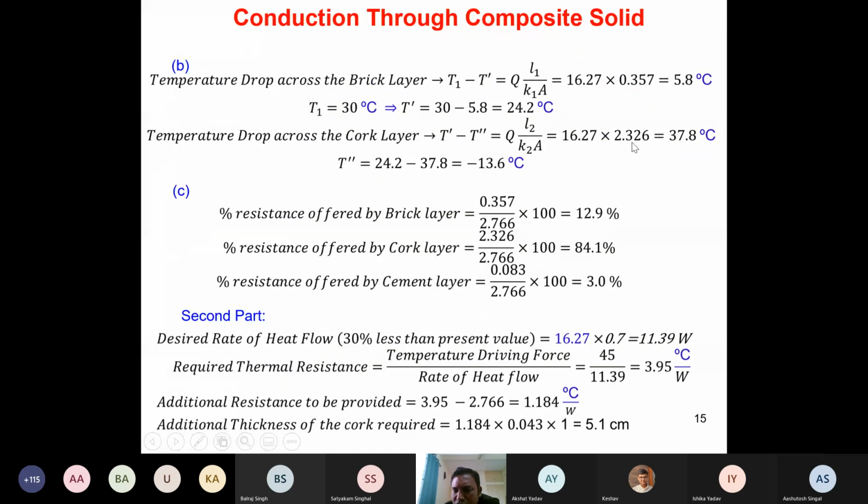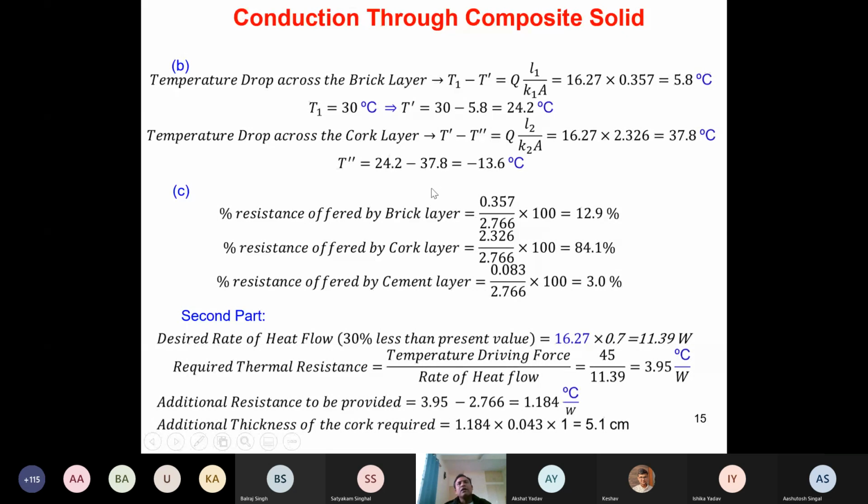So we put 2.326 here, and we get T dash minus T double dash as 37.8 degrees Celsius. T dash is 24.2 degrees Celsius, so we can calculate T double dash, which comes out to be minus 13.6. So the interface temperatures T dash and T double dash are 24.2 degrees Celsius and minus 13.6 degrees Celsius respectively.